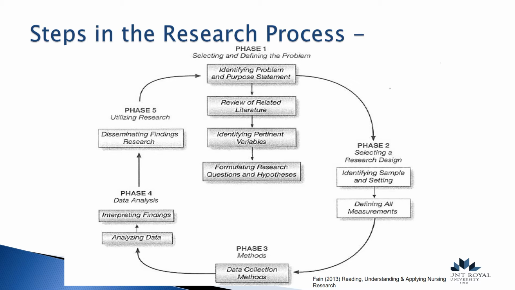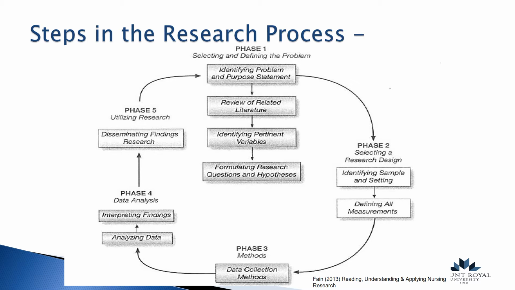So quite a variety of places that this problem can come from. So we identify the problem and the purpose statement. What is going to be the purpose of this research? What are we hoping to aim for, or what's our major objective?